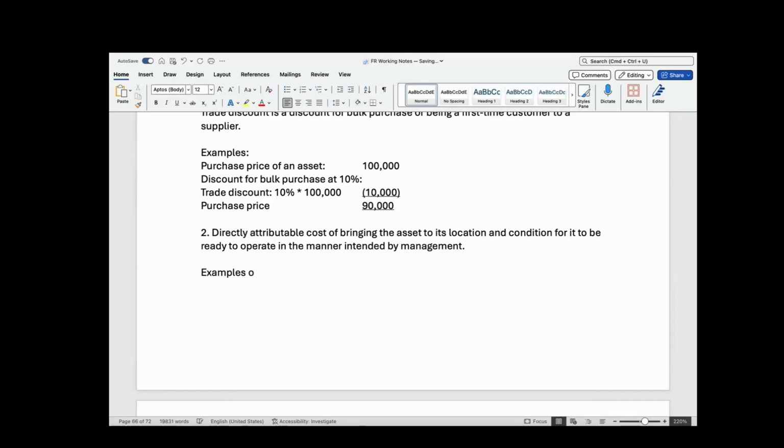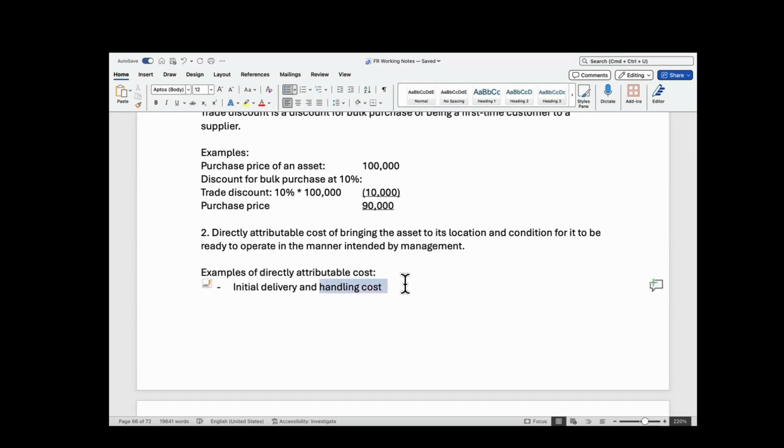What do we mean by this cost? What are the examples of these directly attributable costs? It includes initial delivery and handling costs, which is the cost of transporting the asset from where you bought it to where you want to use it.